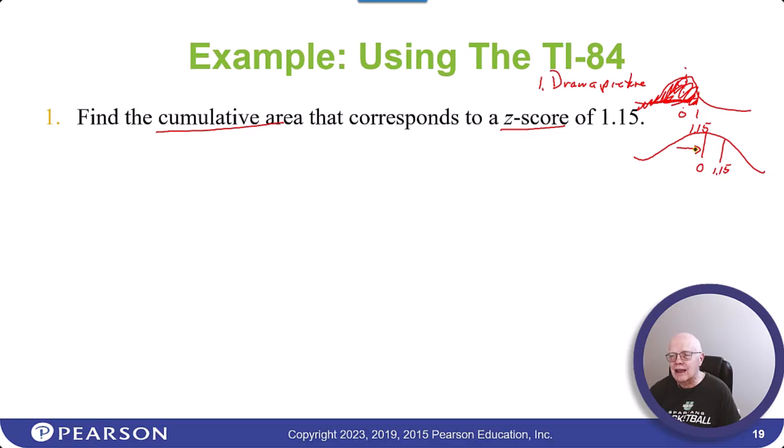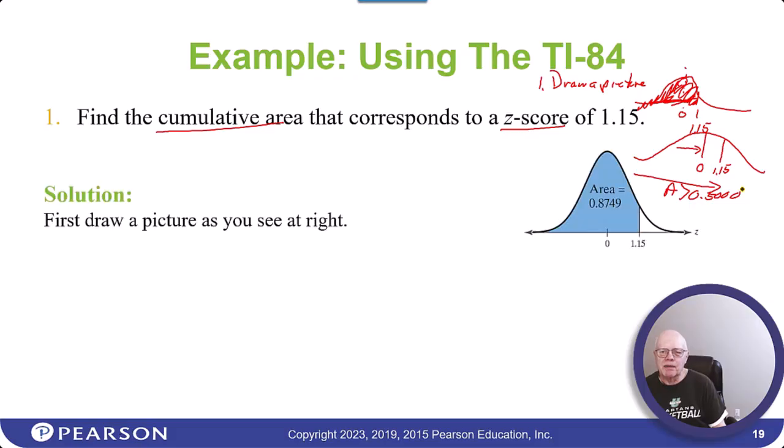We're going beyond that. So the cumulative area up to that is going to be more than 0.500. So whether you use a table or whether you use your calculator, when you get what you think is your answer, make sure it's over 0.5.